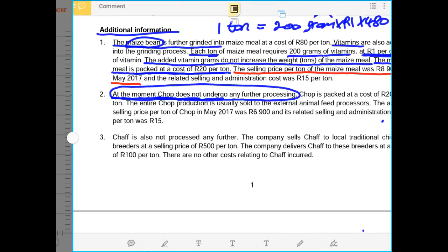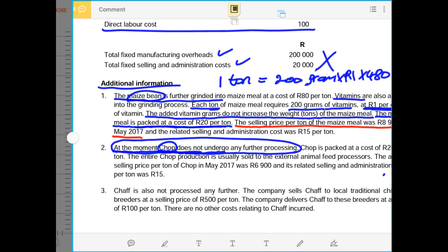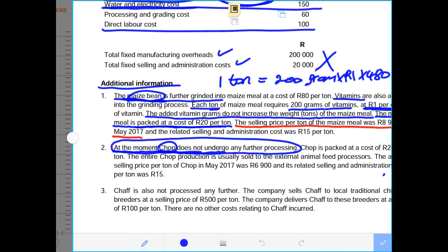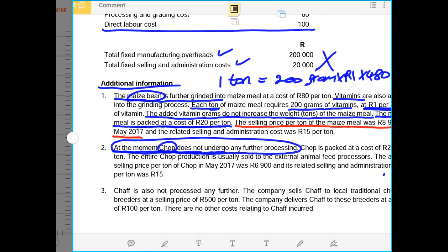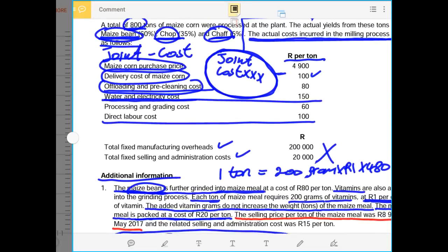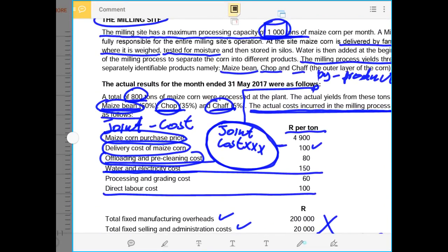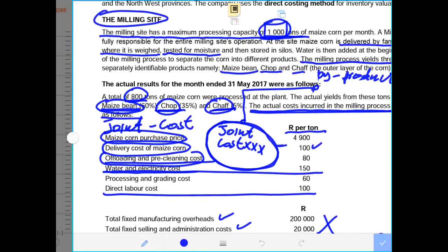They say chop is not further processed. However, the maize bean is further grinded into maize meal. Take note of that. We grinded the maize bean into becoming the maize meal. So the first one was the processing further of the maize bean into becoming the maize meal.